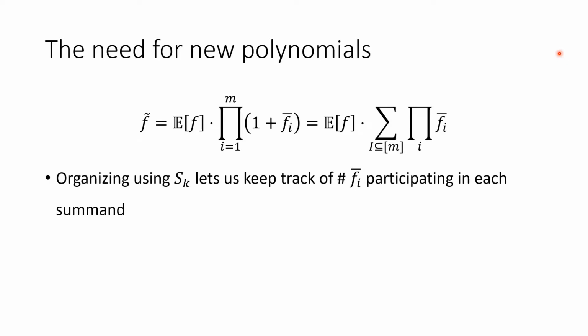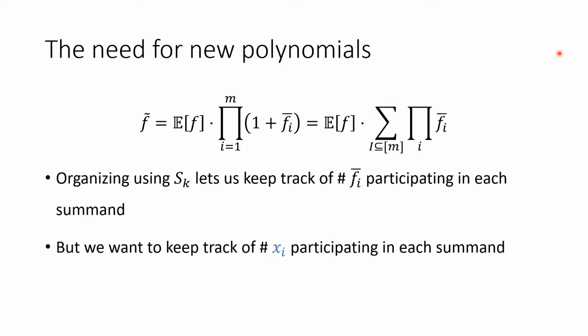They organize all these 2 to the m summands, helping us to keep track of the number of fi bars that participate in each summand. But we would like to keep track of the number of underlying input variables, the xi's, that participate in each summand. So let's reorganize these summands using a new family of polynomials.